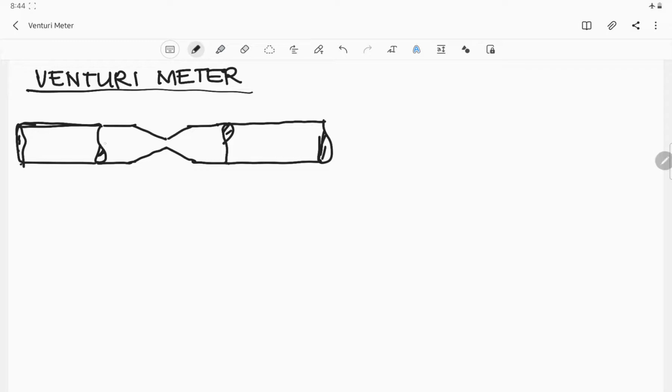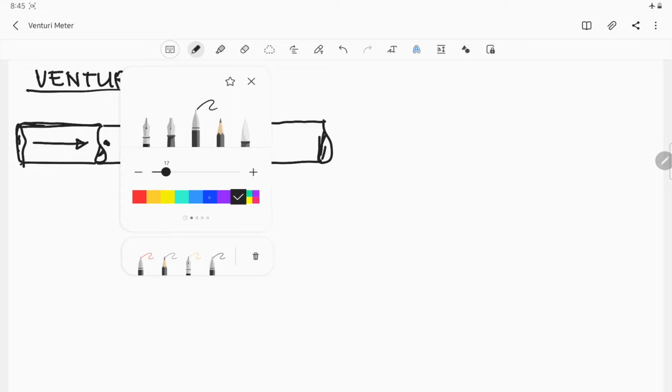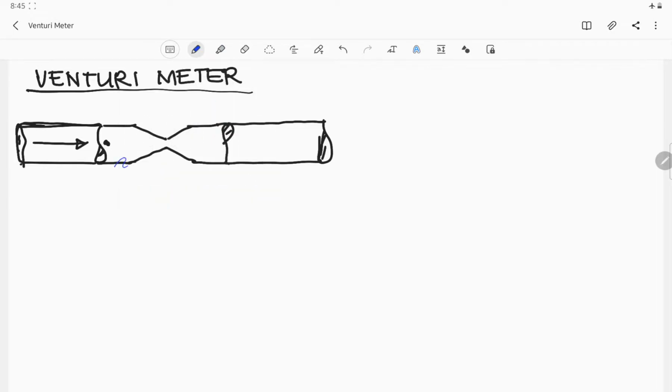It has what we call a mouth, where the fluid enters. If the fluid is going in that direction, this is what we call the mouth. Right here is the mouth, then right here is the throat.